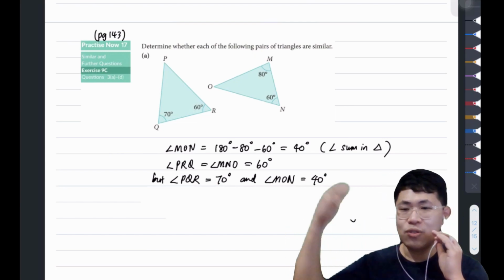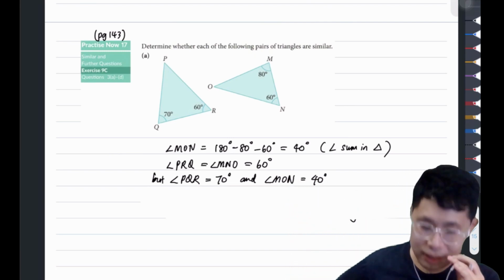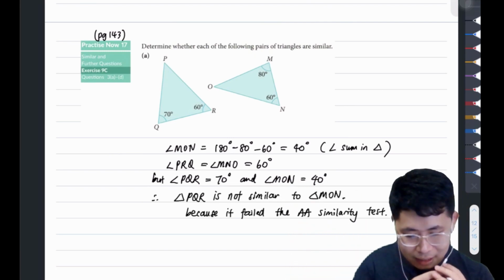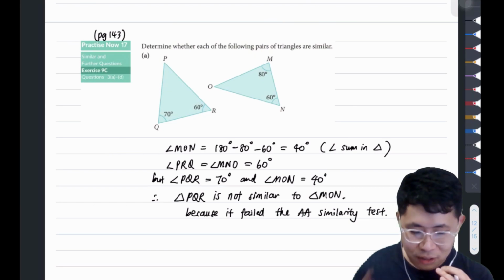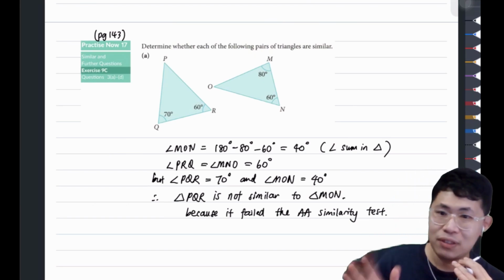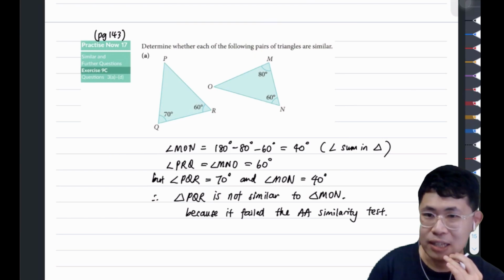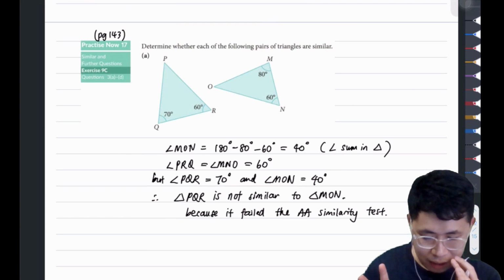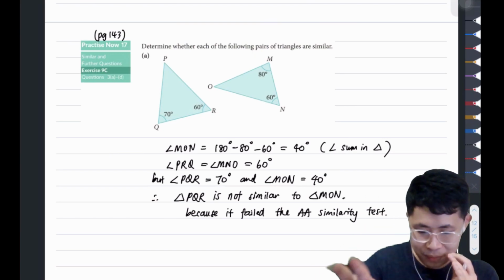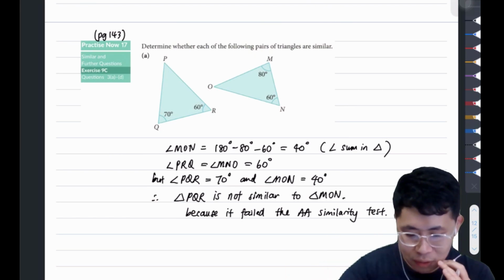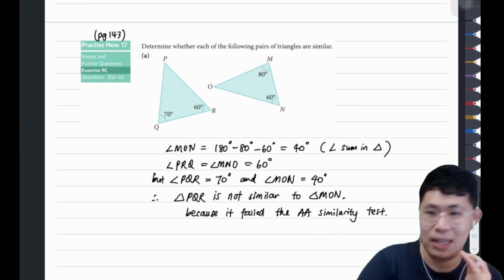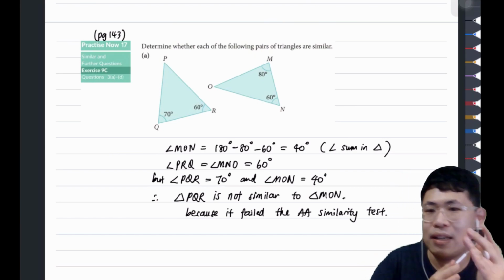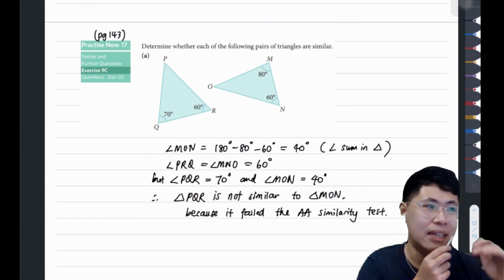There's no 80 for the other angle, so therefore triangle PQR is not similar to triangle MON because it failed the AA similarity test. The third angle is 40, so the 70 cannot match with the 40 and the 70 cannot match with the 80. This is why it failed the AA similarity test.